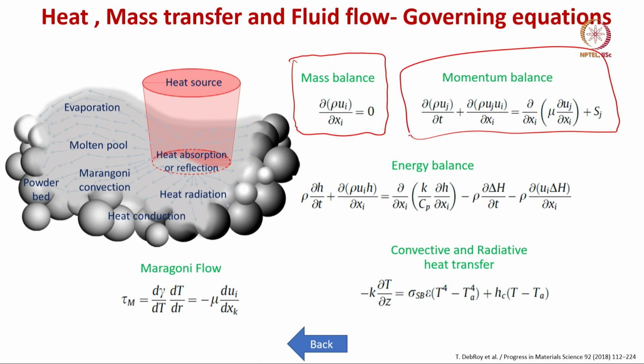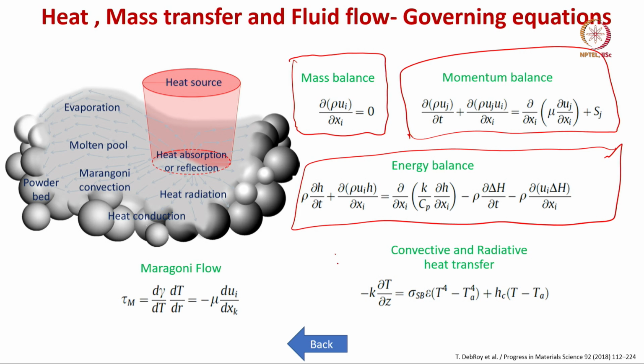This is the velocity vector: del rho u j by del t plus del rho u j u i by del x i is equal to del by del x i into mu del u j by del x i plus S j, and similarly the energy balance equations are also mentioned.